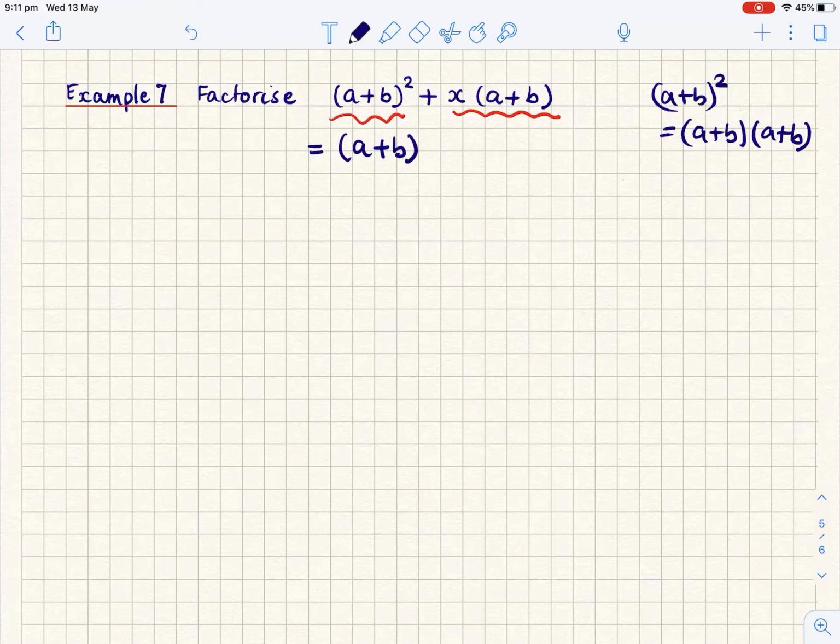So highest common factor is a plus b, bracket. What's left in the first term? a plus b, one of the brackets. What's left in the second term? x. So that's our final answer for factorization of this question.